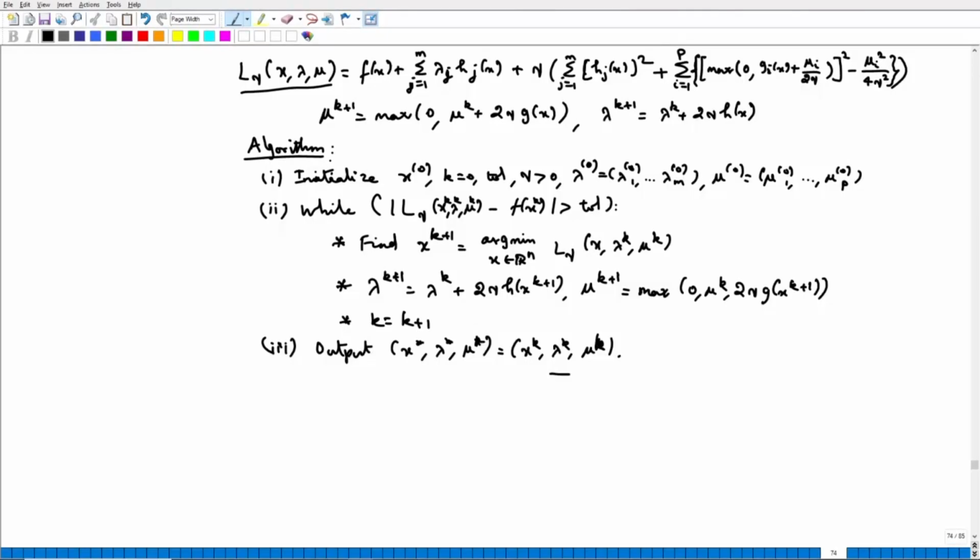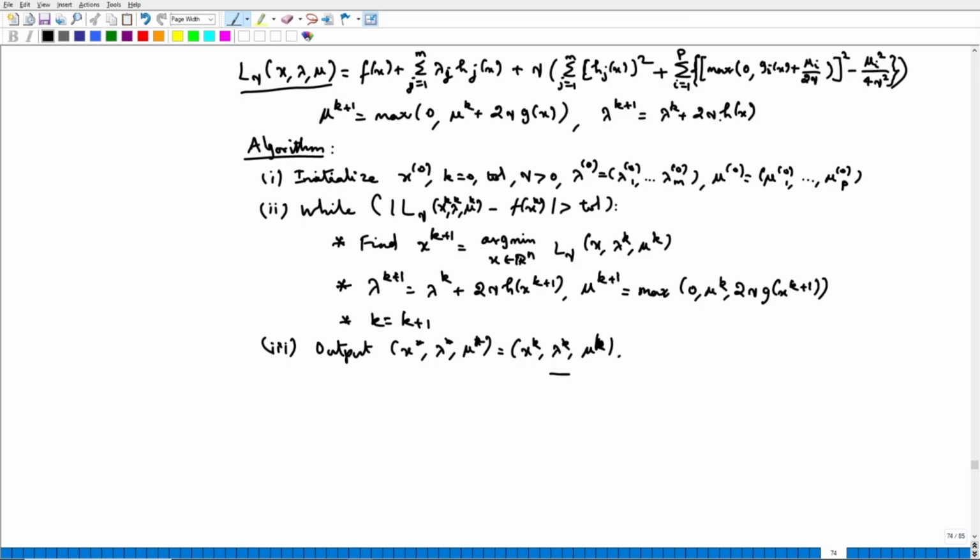I will work out an example which has only inequality constraints. If you recall what we were seeing in the last class, we derived the augmented Lagrangian function L gamma, which is a function of x, lambda and mu, as given at the top of your screen.